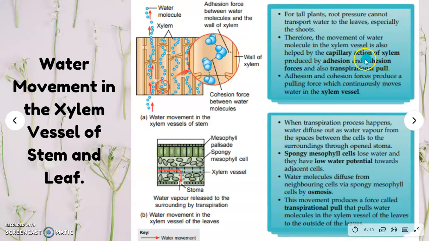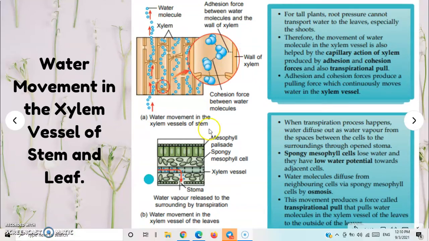So what is the capillary action? Capillary action is produced by adhesion and cohesion force. So what is adhesion and cohesion force? Adhesion force refers to the force between water molecules and the wall of the xylem. What about cohesion force?